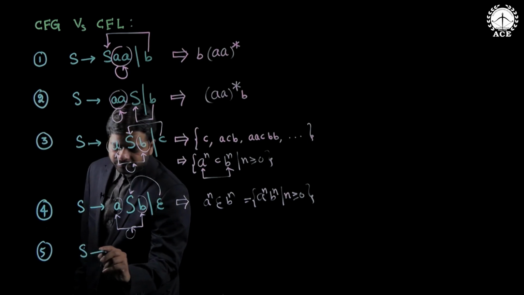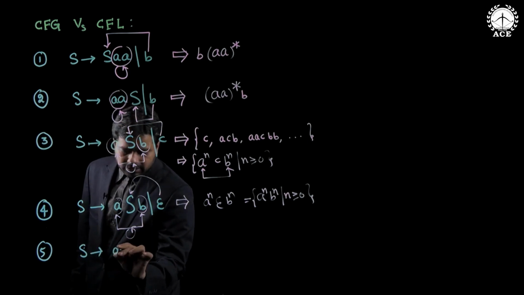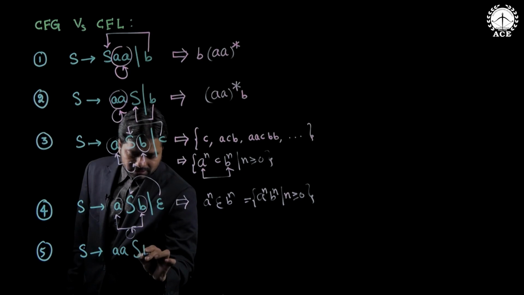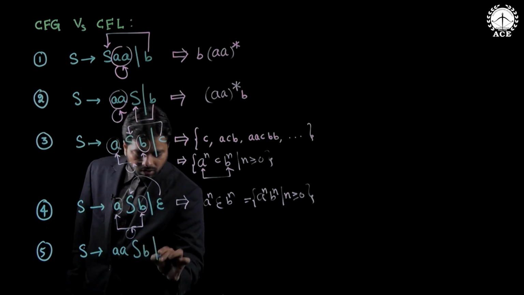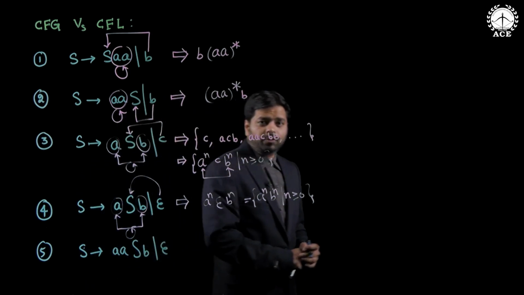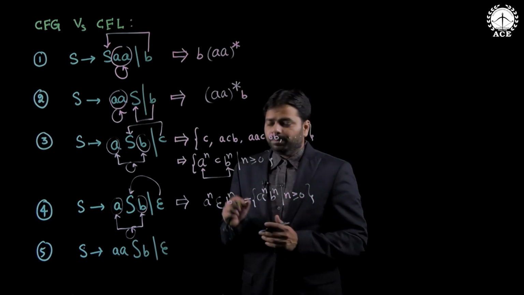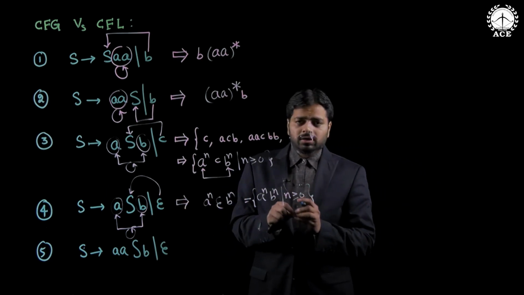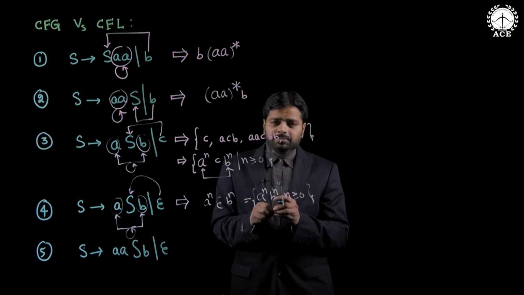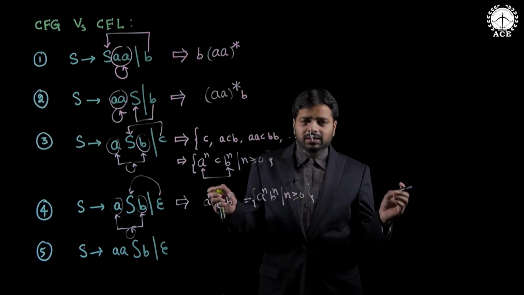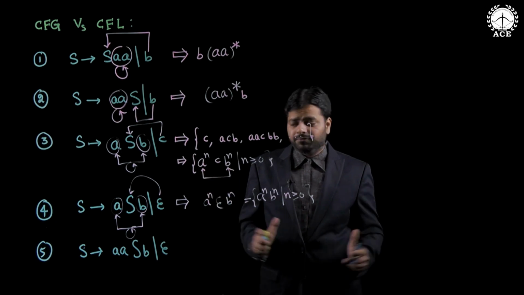Suppose I have double A, S, B or epsilon. Now focus similarly on how the recursion is going to be. In the previous grammar, the recursion is there in the center, and before A, after B, that is going to have the same number of times.